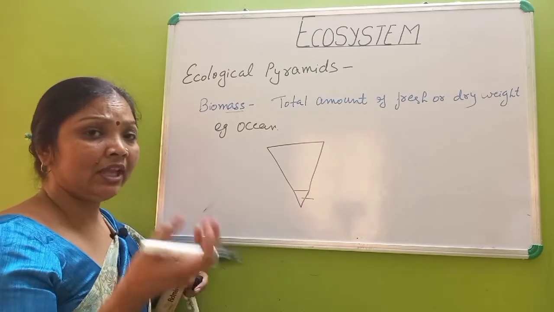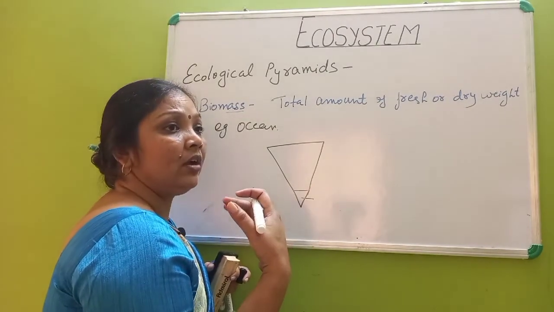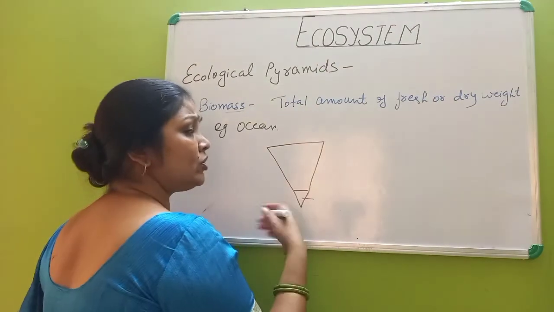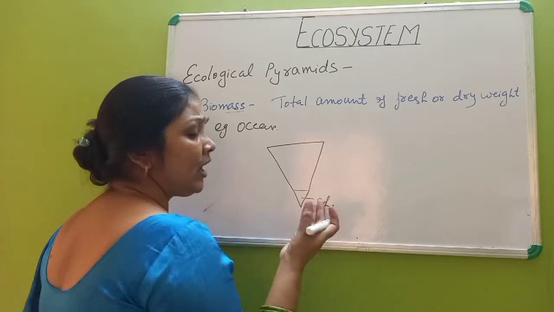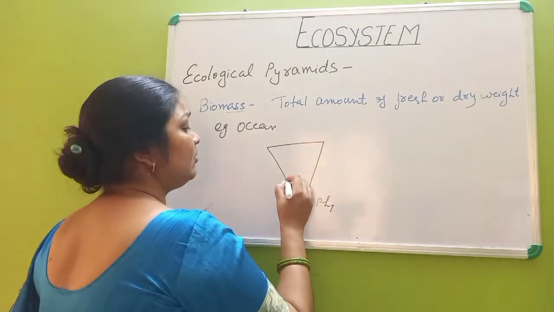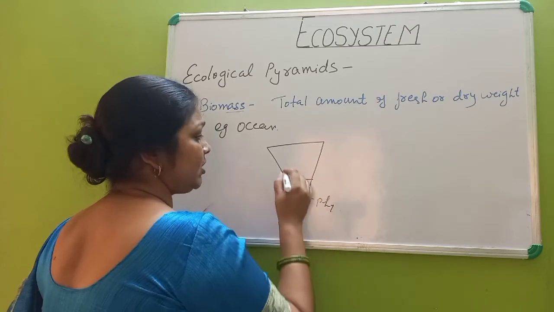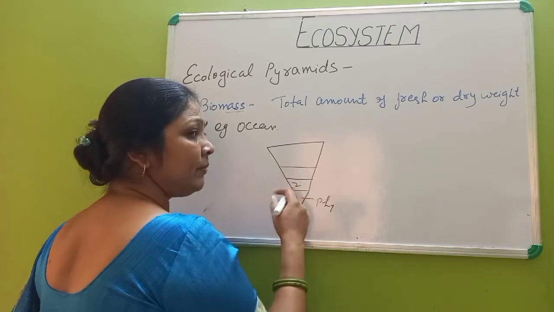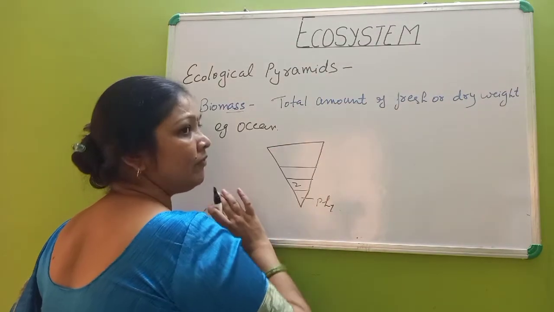But if we compare weight with the zooplanktons or small fishes, then the phytoplankton are lesser in weight. According to weight, the zooplankton will be more in weight, then small fishes will be more, and then the large fishes will be more.